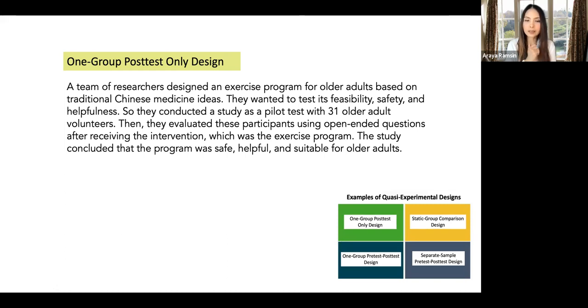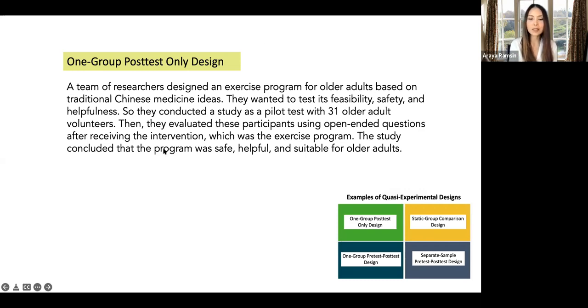So they conducted a pilot study with 31 older adult volunteers. Then they evaluated these participants using open-ended questions after receiving the intervention, which was the exercise program. The study concluded that the program was safe, helpful, and suitable for older adults. And this is, of course, an example of the one group post-test only design.